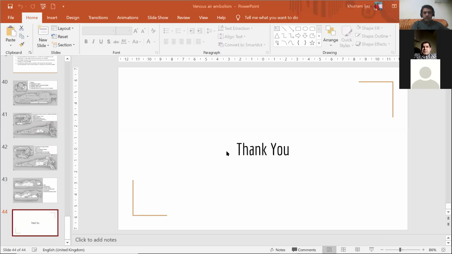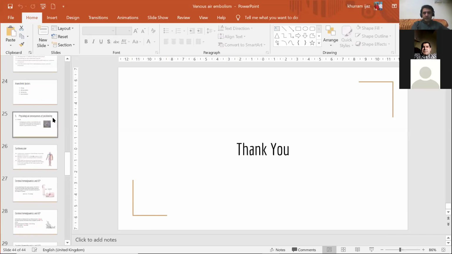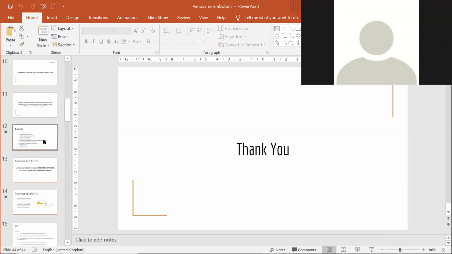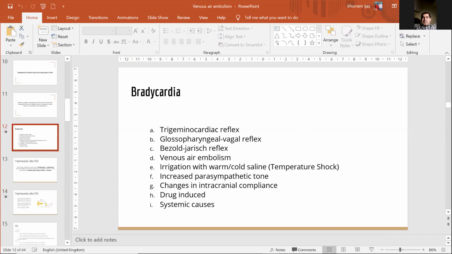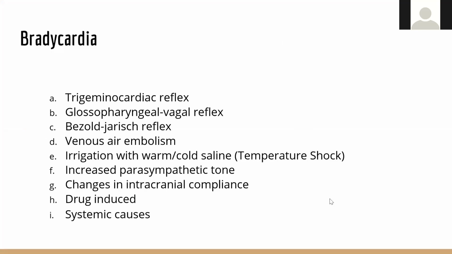अच्छा, जब न्यूरो सर्जरी चल रही होती है, तो स्क्रीन शेयर हो रही है। जब न्यूरो सर्जरी हम कर रहे होते हैं, there are a lot of reflexes or a lot of causes of different hemodynamic disturbances.